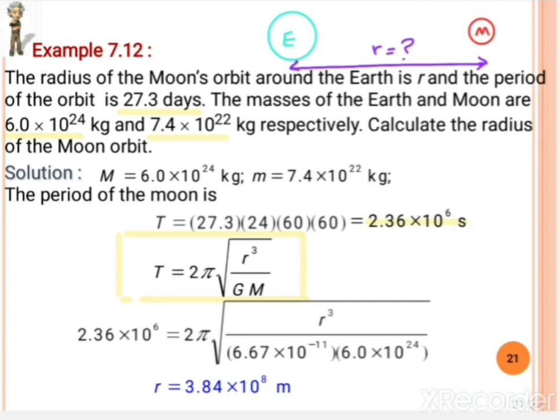G is the gravitational constant. Mass here refers to the mass of Earth, not the mass of Moon. When we substitute the values, you get the answer r equals 3.84 times 10 to the power of 8 meters.